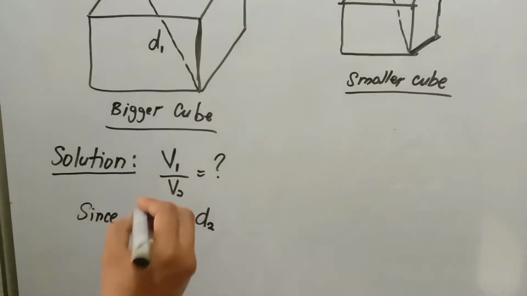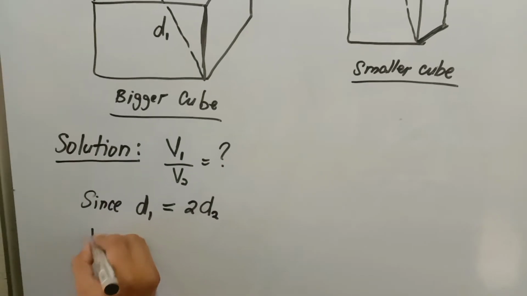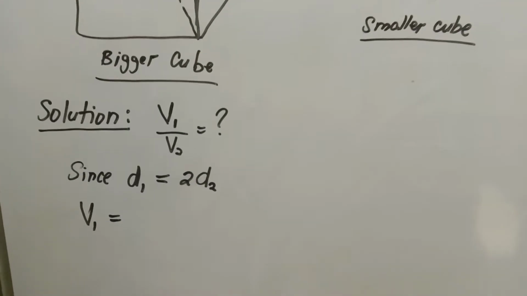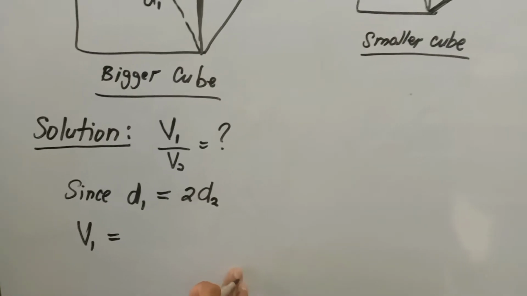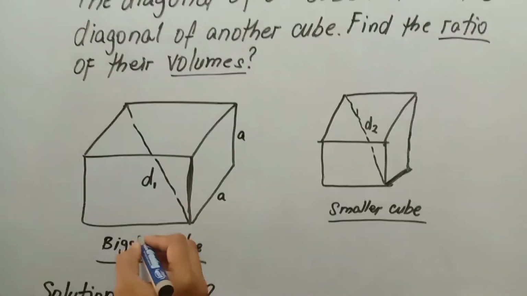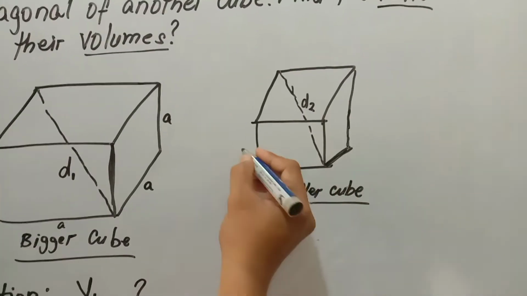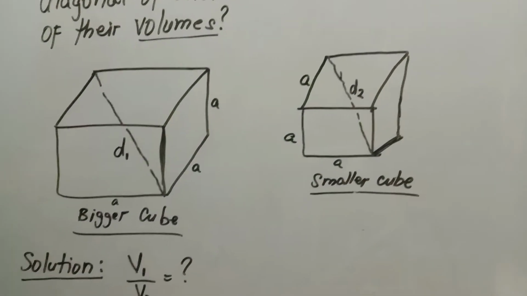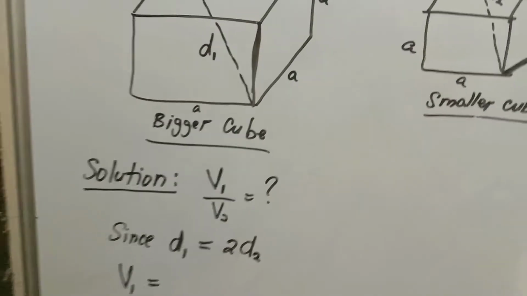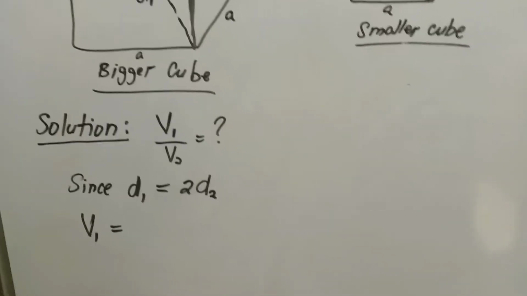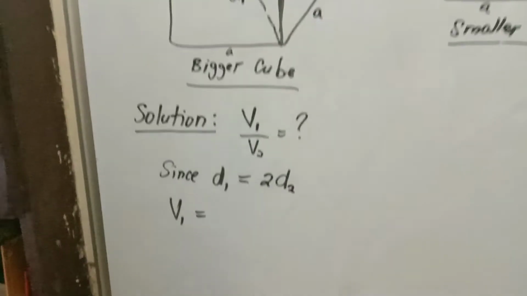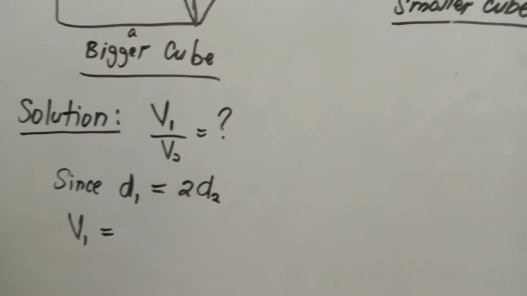Okay. Now to solve for V1: the volume of a cube, this is A, this also is A, and this is A, volume is equal to A to the power of 3, right?